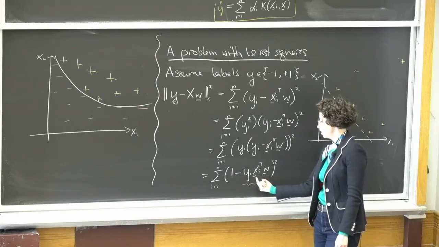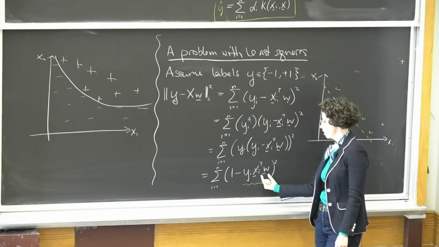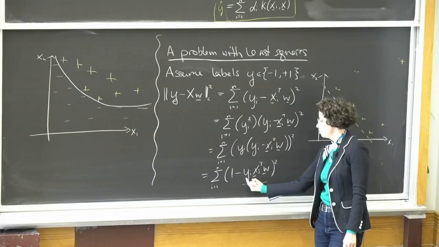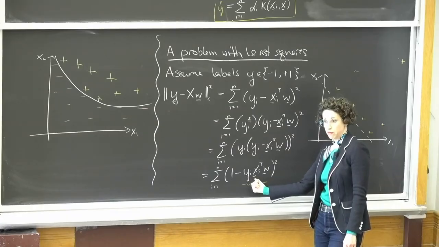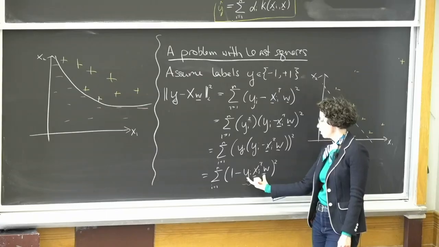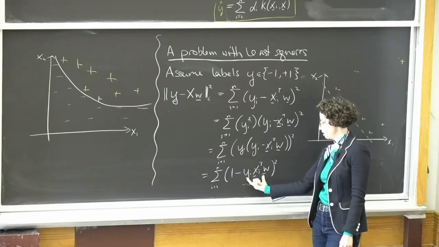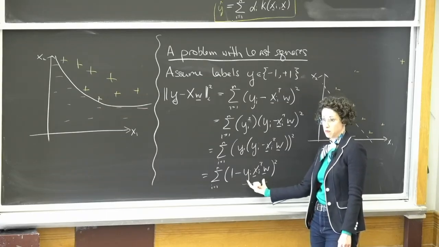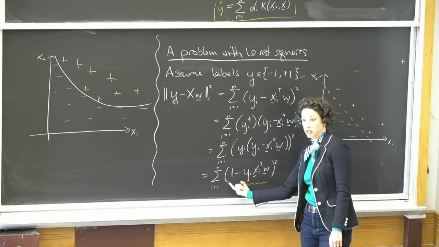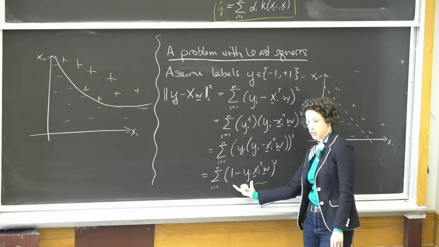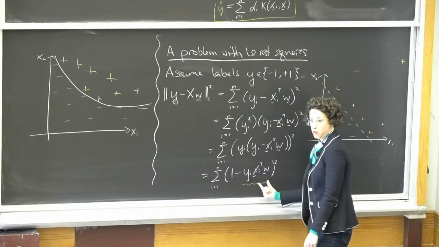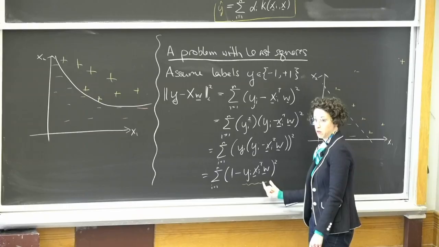In that case, xi transpose w is a large positive number, and yi is a positive 1. So we've got a large positive number here, which generally is good because this means that we have classified that sample correctly. But now we're taking that and subtracting it from 1. And so this quantity squared is going to be very big, even though we've correctly classified the point.